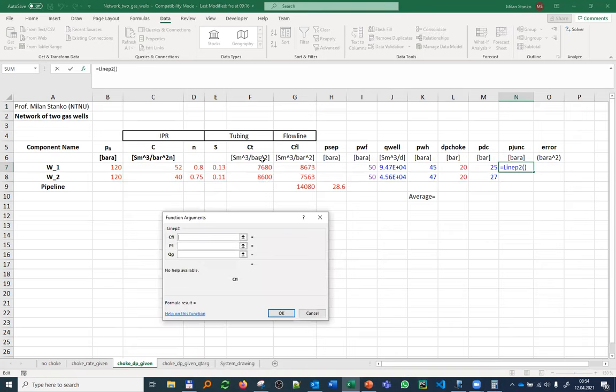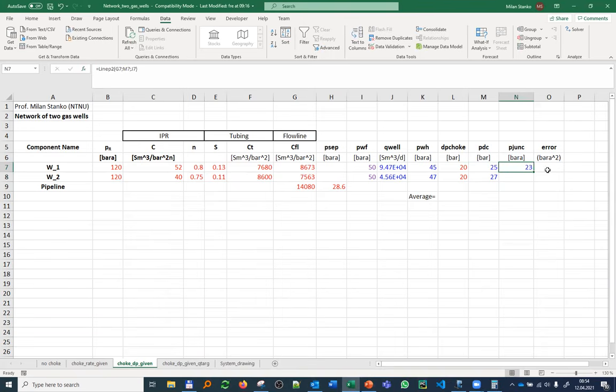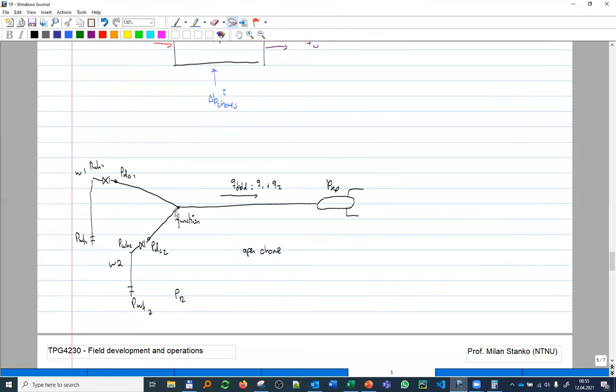So this will be flow line, P1 is this one, and then Q is this one. Okay, it gives me 23, not much, and here it gives 26, 1 bar. Okay, very little pressure drop. And now I stop there because that's as far as I can get.